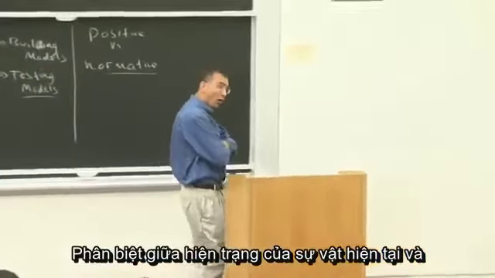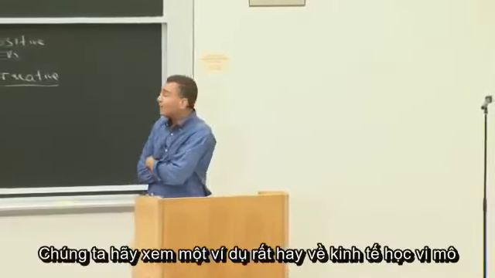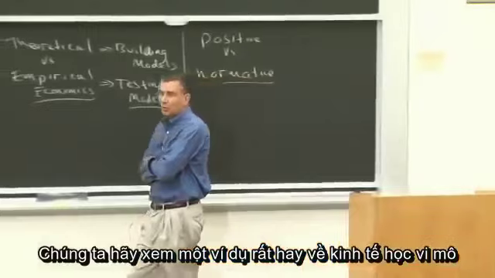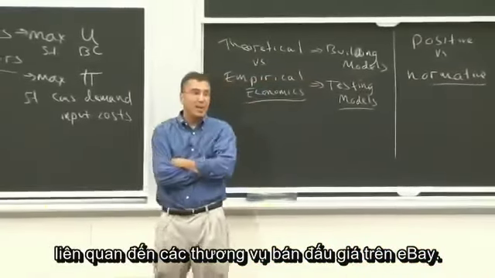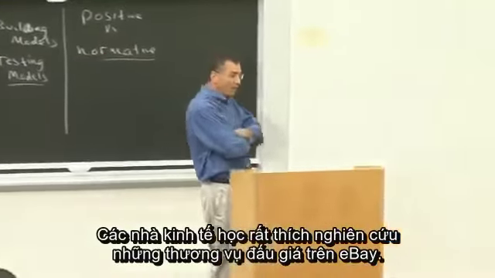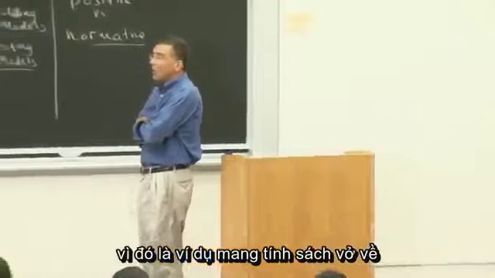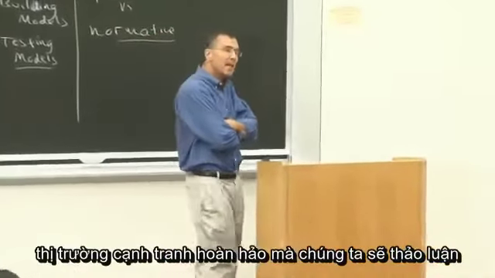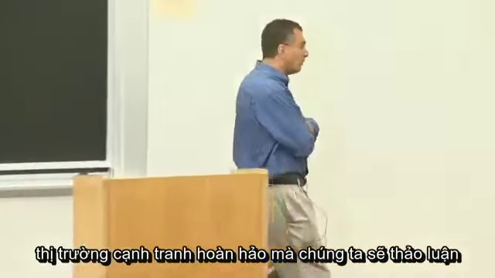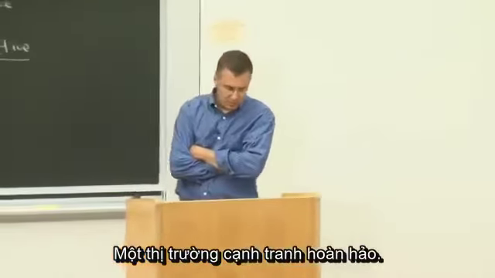The distinction between the way things are and the way things should be. Okay? So let's consider a great example of microeconomics at work, which is auctions on eBay. Economists love studying auctions on eBay because it's a textbook example of what we call a perfectly competitive market, which is what we'll focus on this semester. A perfectly competitive market. Okay?